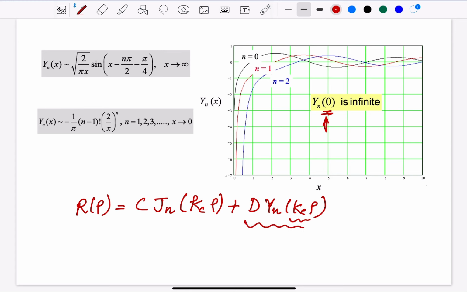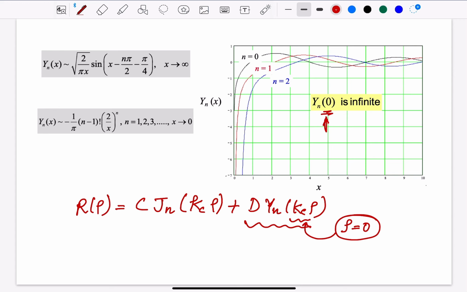The moment this term is infinite, it is physically not acceptable for our solution. If you go at rho equal to 0, the argument will be 0 and this will be infinity. And this will create some problem here.